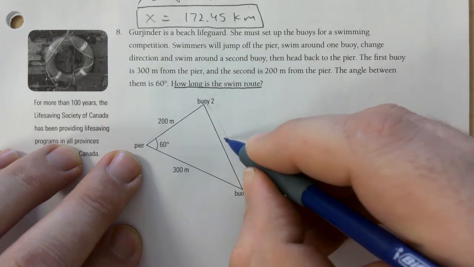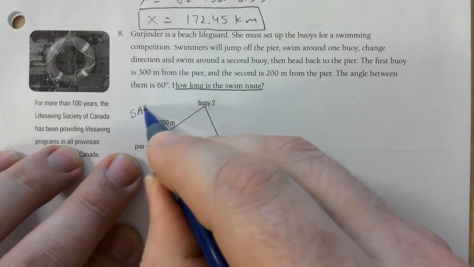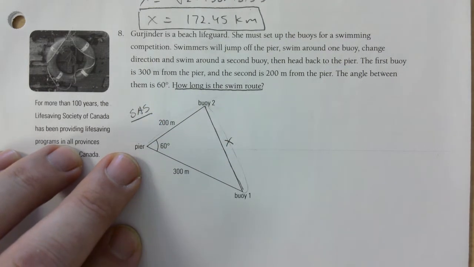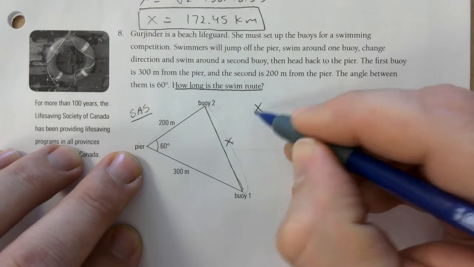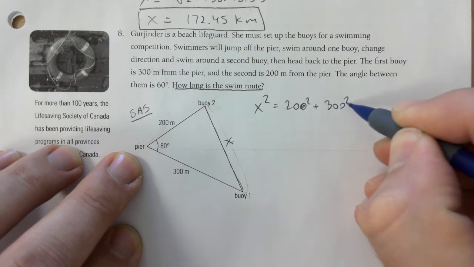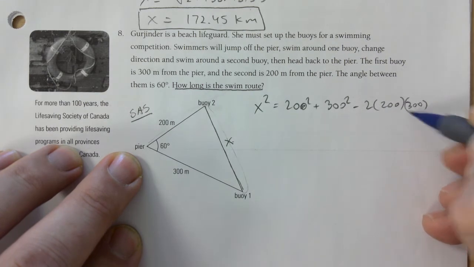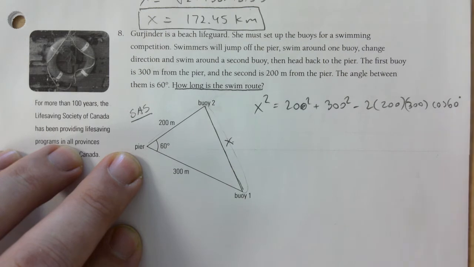And part of that work is to find out what this is, right? We know this is an SAS, so I have to use cosine law, right? So we're going to go x squared is equal to 200 squared plus 300 squared minus 2 times 200 times 300 times cosine of 60.